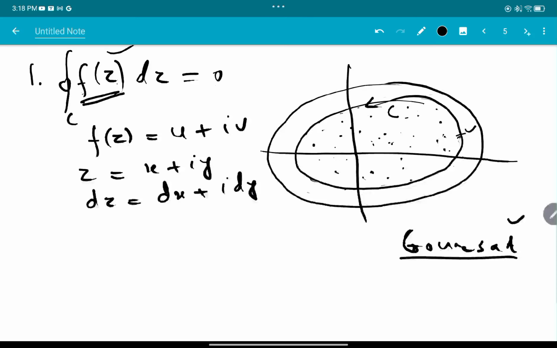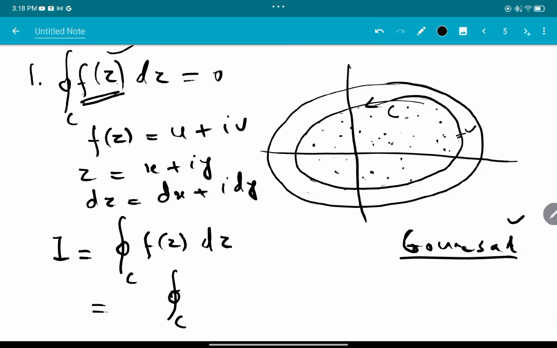Now bring this integral here. Let us write I for this integral. Integral I over C of f(z) dz can be written, as per our statement, as a closed integral.